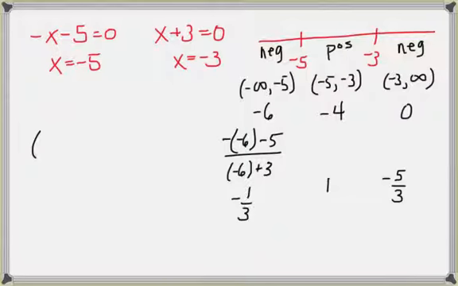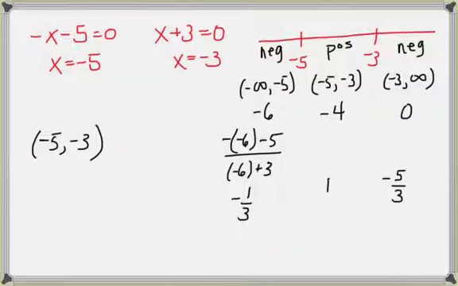Negative 5 to negative 3 is a possibility. But I want to test because remember it had that equal to part, and I want to make sure whether negative 5 and negative 3 are included or excluded. That changes your brackets, whether you use a square bracket or a round parenthesis.